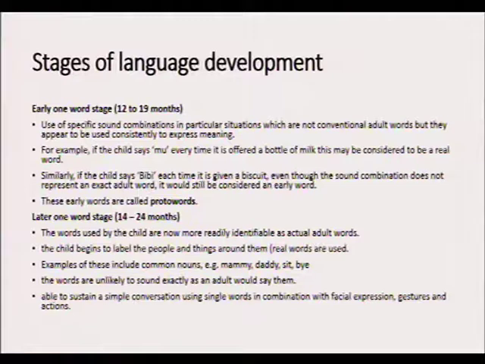For example, if a baby says the word moo, when you give a bottle of milk, the next time a child says a word like that, you already know as an adult what the child wants or requires. Similarly, if the child says baby every time you give a biscuit, even if the sound combination doesn't sound like an adult word, you will really know that the baby means they want a biscuit.